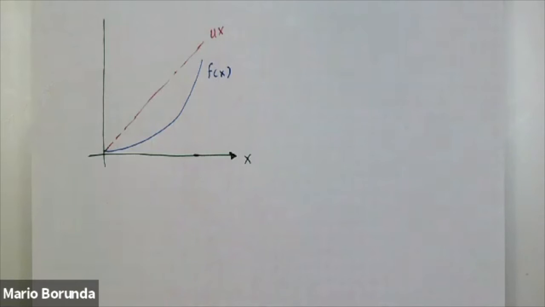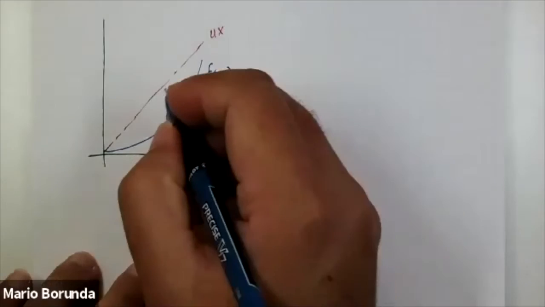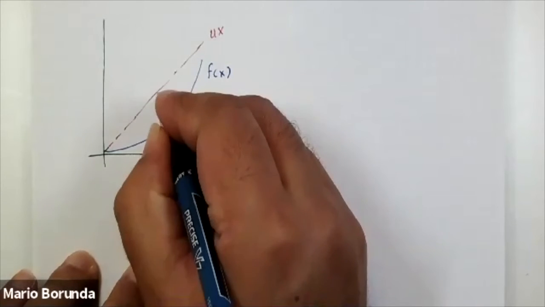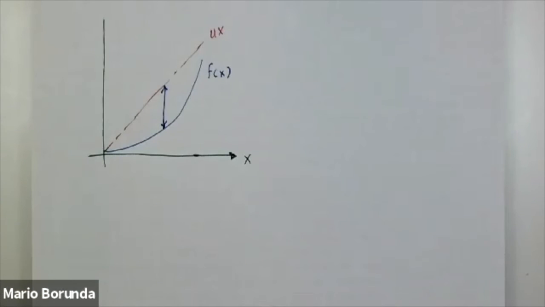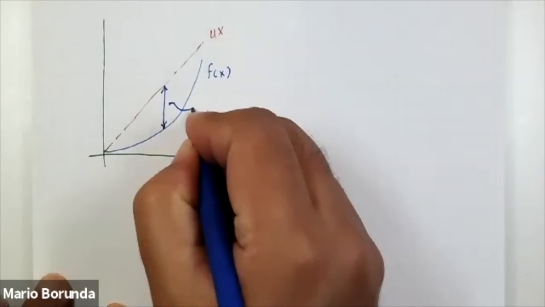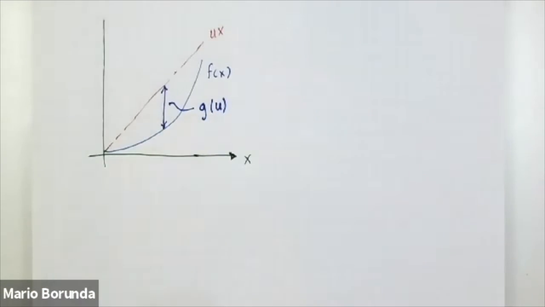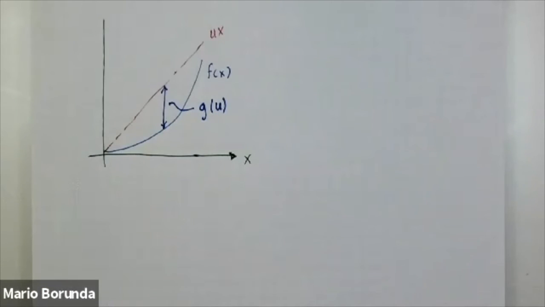For each slope of u, the value of g of u is the maximal distance between the two values. So in this case, the distance from here to here, that's my g of u. That's the maximal distance between the two curves, u x and f of x, y, is going to be the value of g of u.